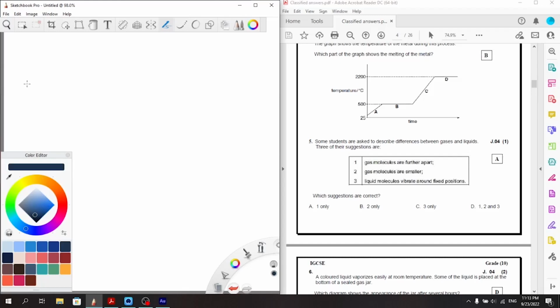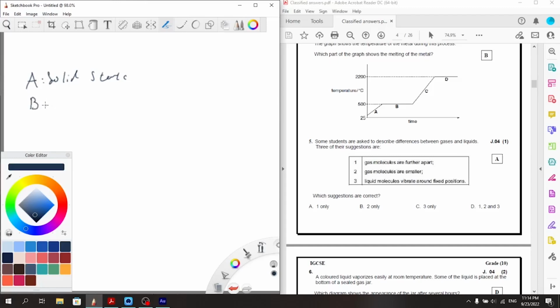Right. Point A represents the natural state of the metal at room temperature, all the way up to 500 degrees Celsius. It's a metal and we are melting it, meaning that it's normally in the solid state. Right? At 500 degrees Celsius, it starts to change in phase.